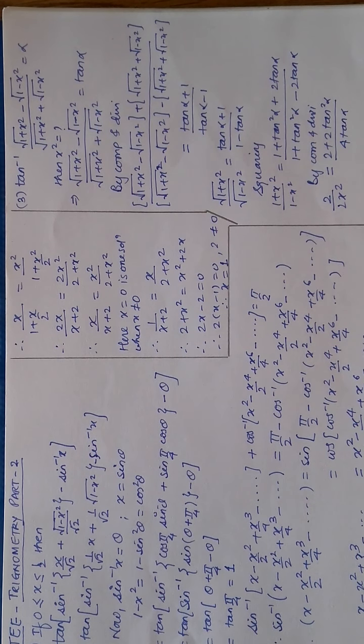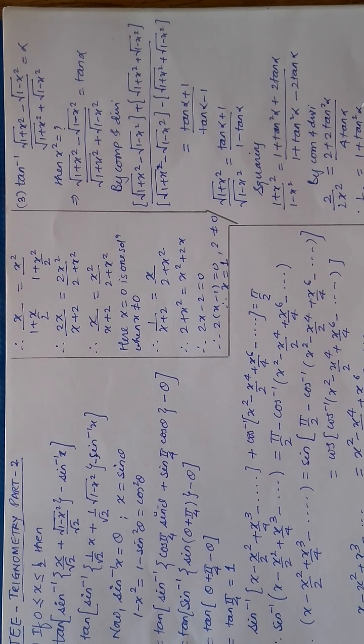So dividing by 2 and removing everything, I will get here 1 by x square is equal to 1 plus tan square alpha upon 2 tan alpha. Agreed?